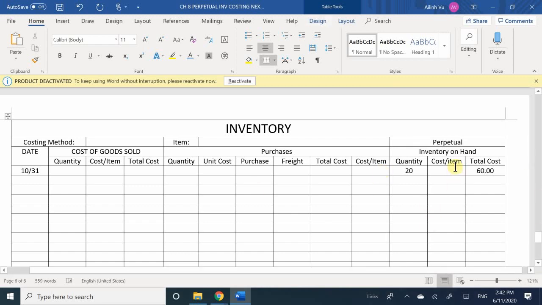Now here, what is our cost per item? I guess it's $3. Yes, that is correct. So that is where we are going to be starting off with our inventory, okay?